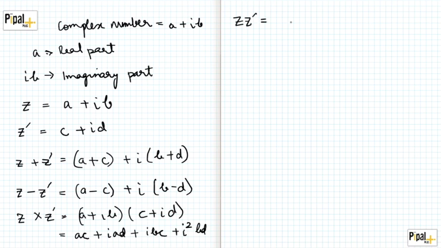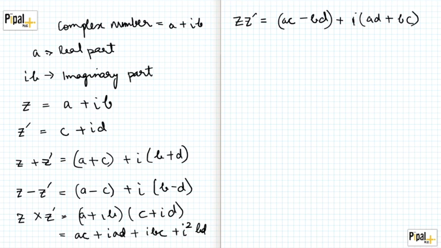So when we solve, we notice that Z Z dash equals AC minus BD as the real part. Now why has this happened? Because i square becomes -1, and BD becomes negative BD because it is multiplied by i square, right? And we get iota times AD plus BC.